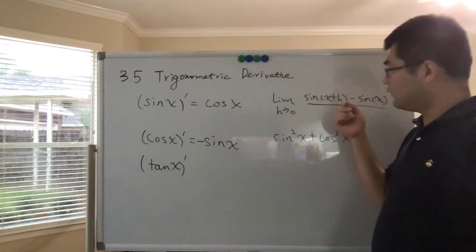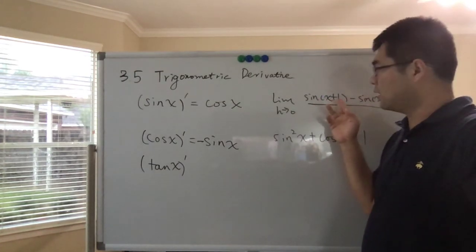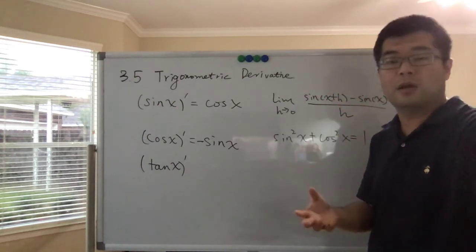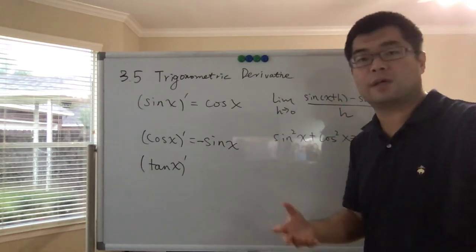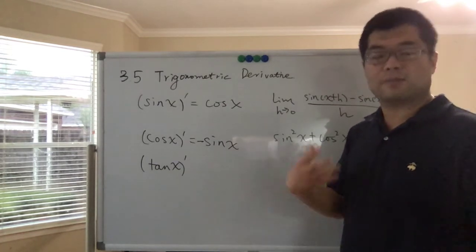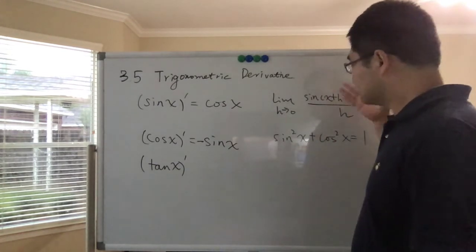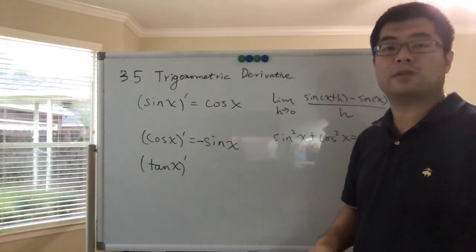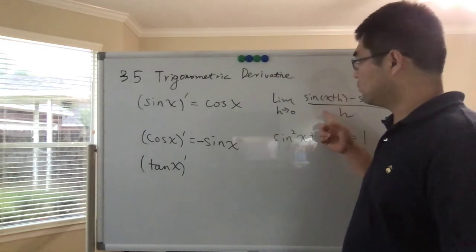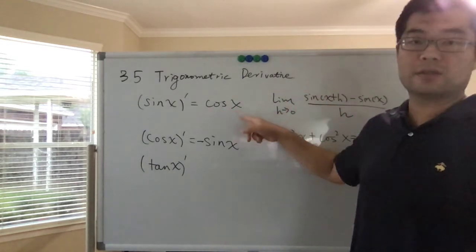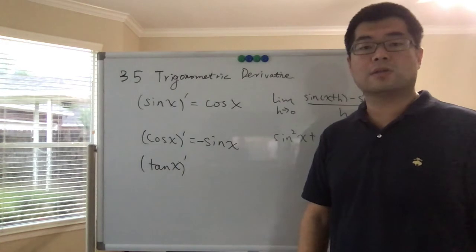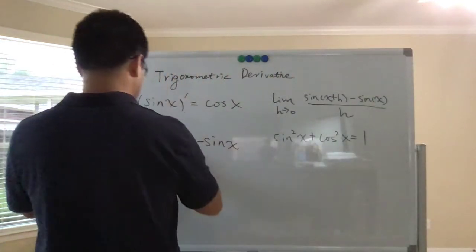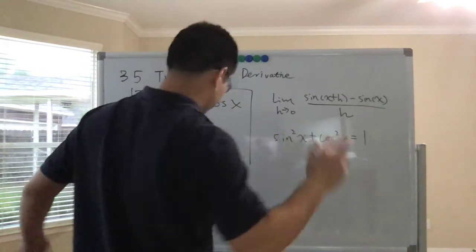We can use identities to rewrite this: sine of x plus h can be rewritten as sine x cosine h plus cosine x sine h. Then we do some technical work, and we get the conclusion: this limit equals cosine of x. So that's the key. No matter what, know this for sure.